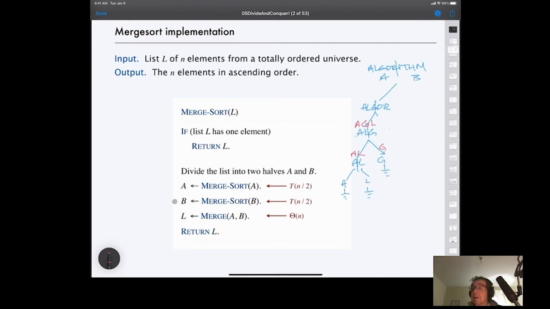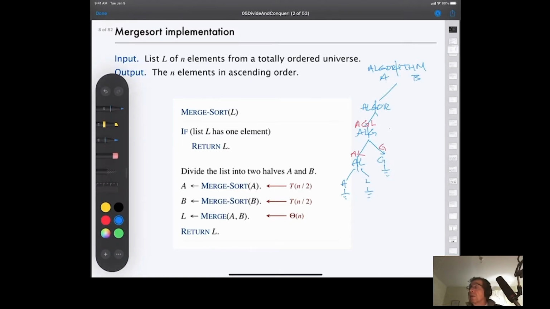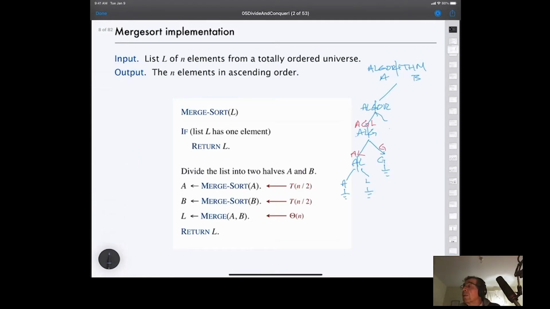So this would mean that now OR is submitted to merge sort. We would enter here with OR. It has more than one element, so we need to divide it into two elements, O and R, and you can guess what will happen.